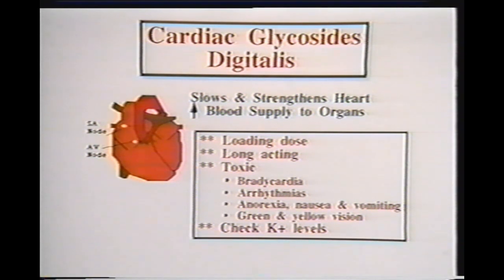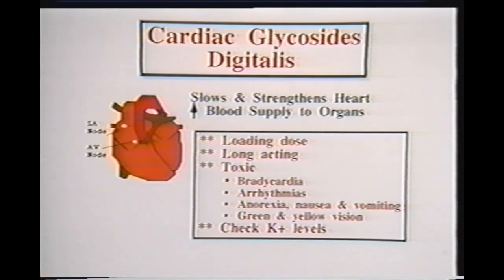There are a few things that we need to know about when we are thinking about giving cardiac glycosides. They start with a loading dose, and this means that the patient gets a higher than normal dose to quickly bring the levels up to therapeutic levels. Once they've reached therapeutic levels, then the maintenance dose is a much smaller dose.